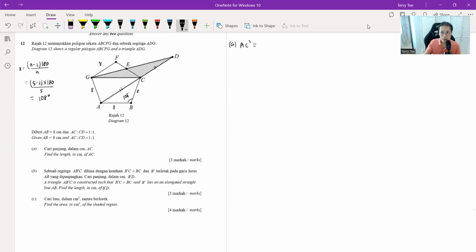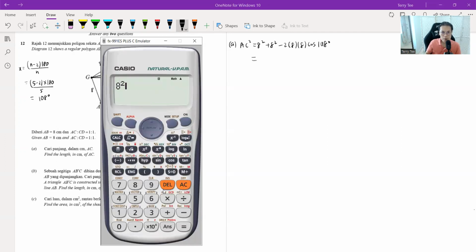Okay, so if I know this angle ABC is 108, we say that AC squared is 8 squared plus 8 squared minus 2 times 8 squared times cos 108. Use a calculator. 8 squared plus 8 squared, you can just times 2. Remember to change your calculator to degree mode.